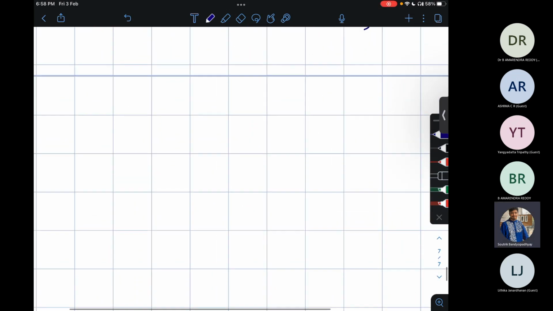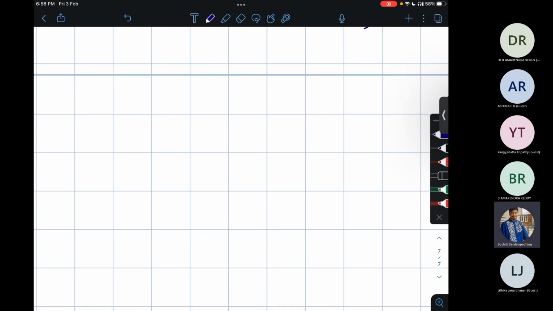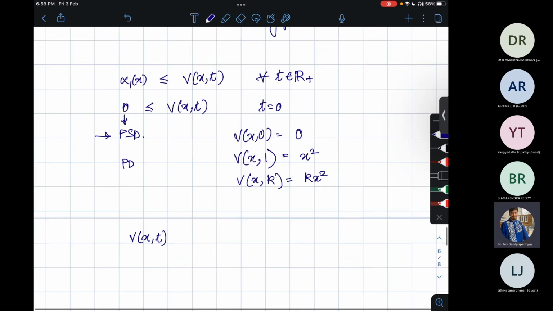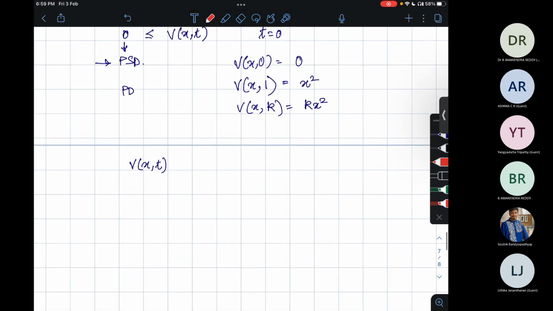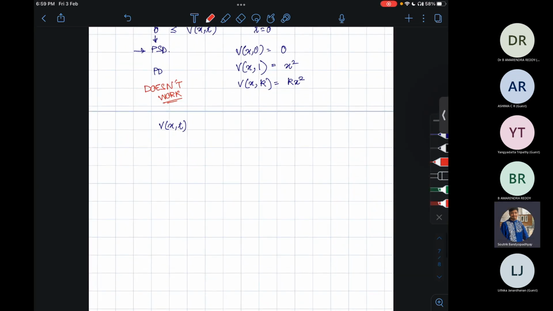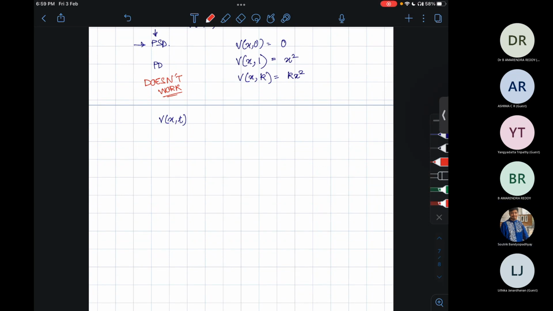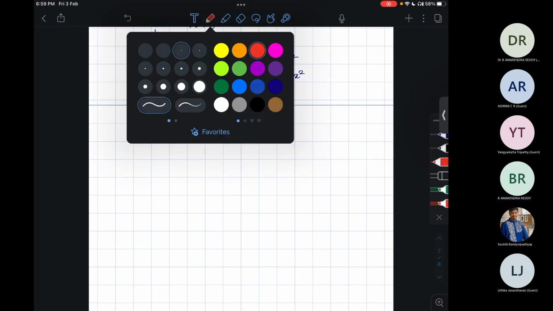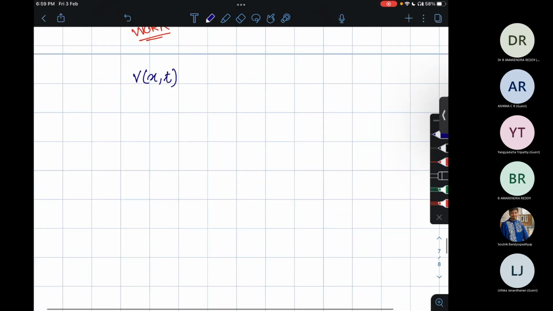So what can work? So let me write this, that this doesn't work. Is it clear why not? So now let's modify that Lyapunov function a little bit.